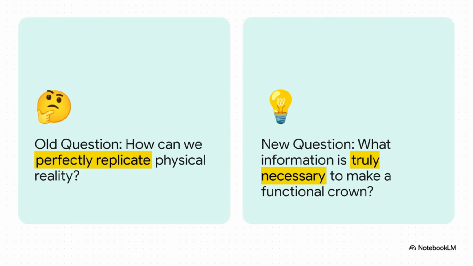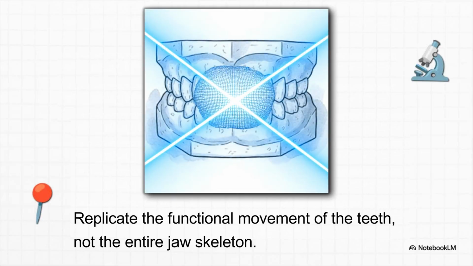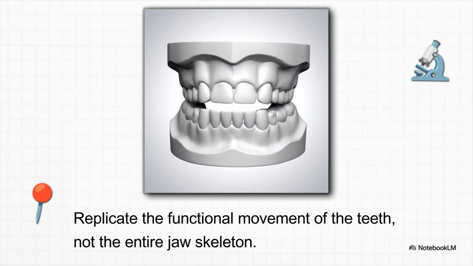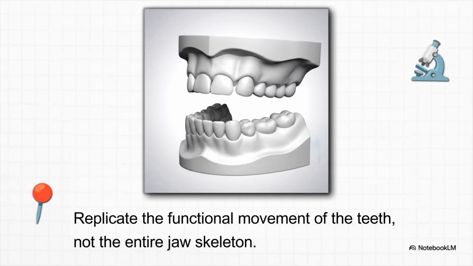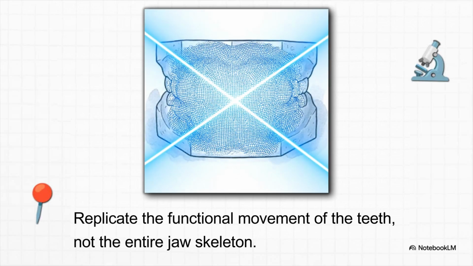It went from this massive, almost impossible question, how can we perfectly replicate physical reality, to a much smarter, more focused question. Hang on, what information do we actually need to make a crown that just works? And that new question led to a totally new goal. The focus shifted dramatically. Instead of this epic quest to replicate the entire jaw skeleton, the objective became way clearer.